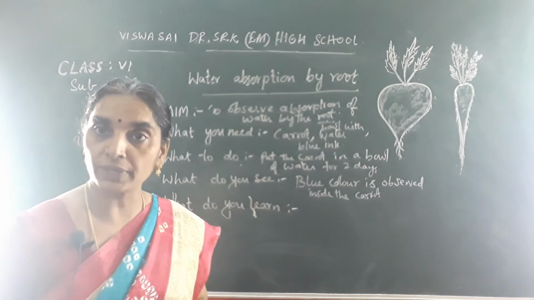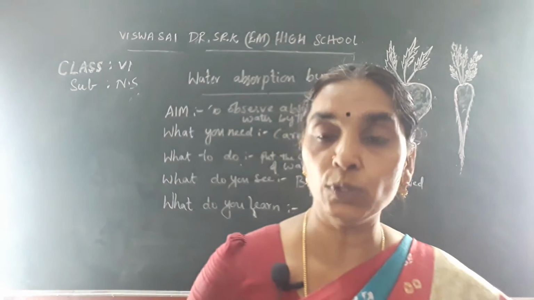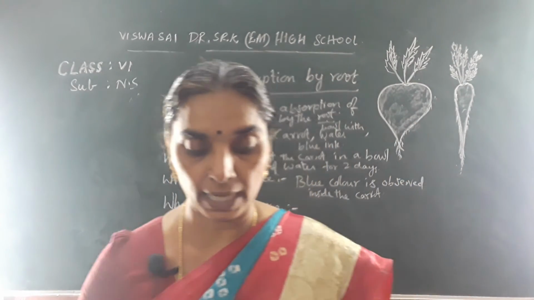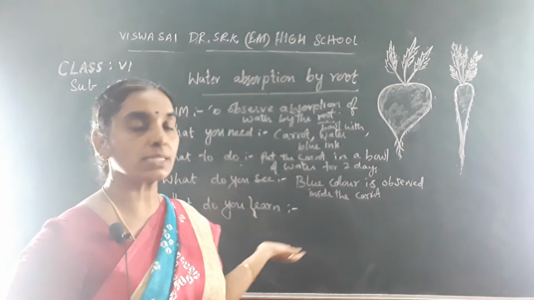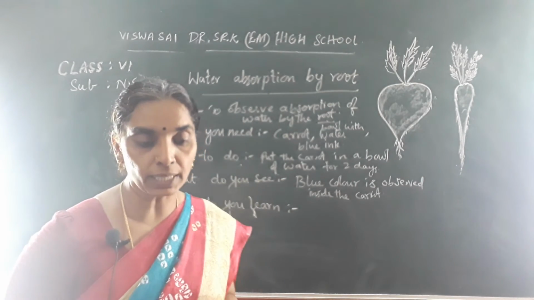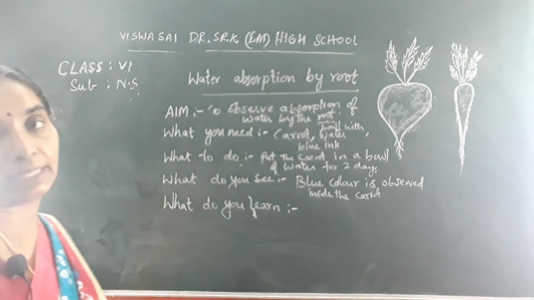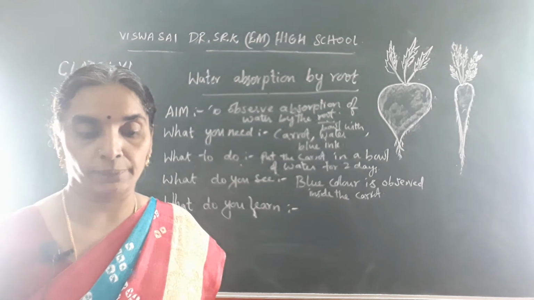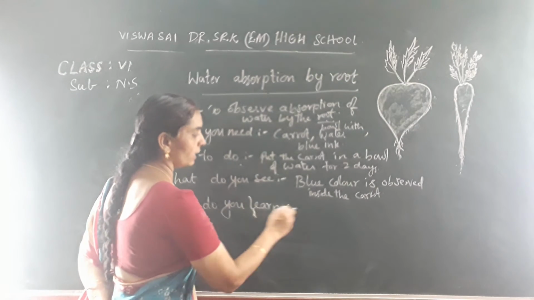So what is your inference here? Here your inference is that the blue color indicates that the water has moved upwards in the carrot and is conducted by the root. Okay children, showing that the root conducts the water. So here the blue color indicates the water moves upwards. Blue color, what did you learn?